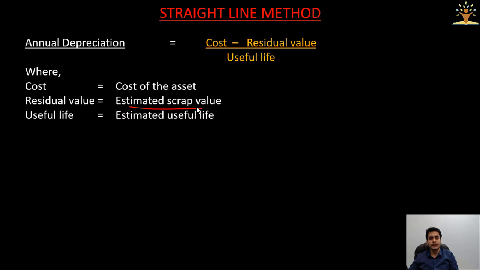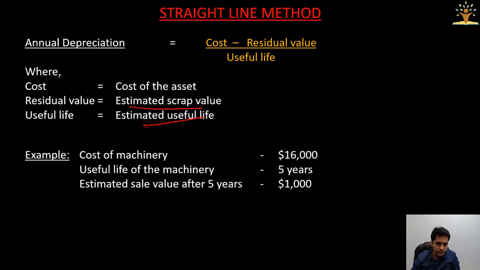Whatever is the estimated scrap value, we subtract from the cost, and finally divide it over the estimated useful life. If you feel that the machinery can be used for another 4 years, divide the cost minus residual by 4 years. This gives us a number which is the annual depreciation to be transferred to the income statement every year.